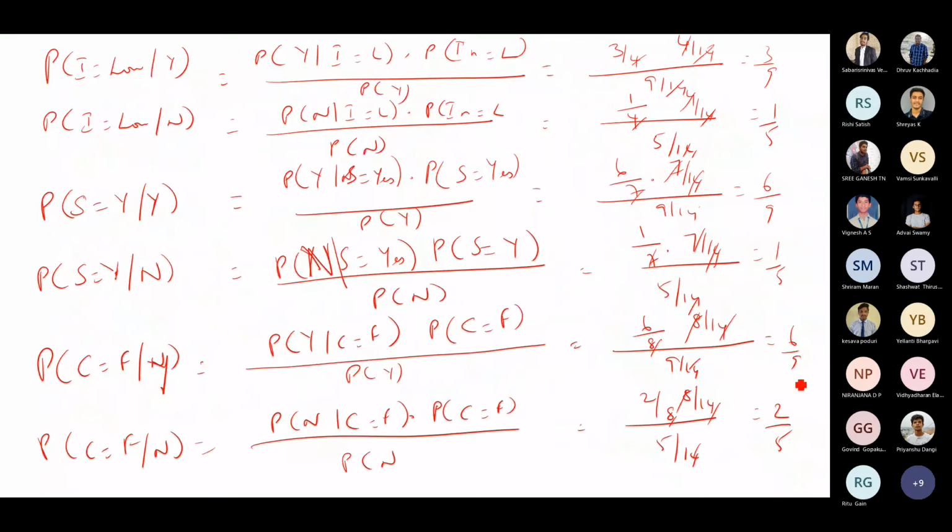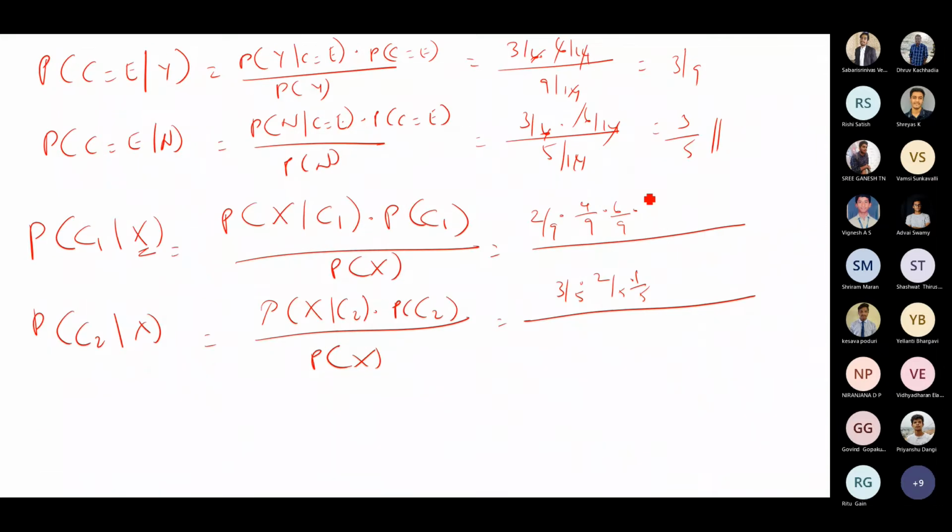Again, that is nothing but 6 by 9 and 2 by 5. So this is my probability of x given C1. This is my probability of x given C2, which is the product of all the features. Now multiplied by probability of C1, that we know it is 9 by 14. Here probability of C2, that we know it is 5 by 14.